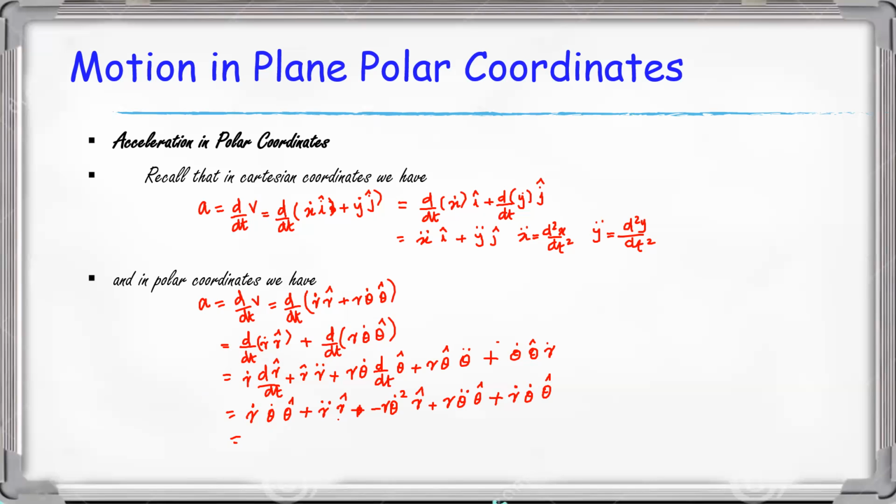Collecting the radial components and theta components separately, there are two radial components, so r double dot minus r theta dot square into r cap.